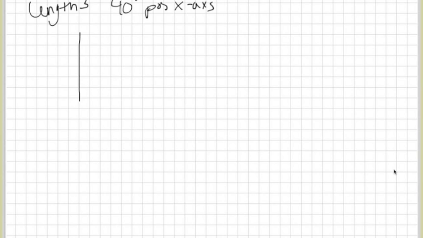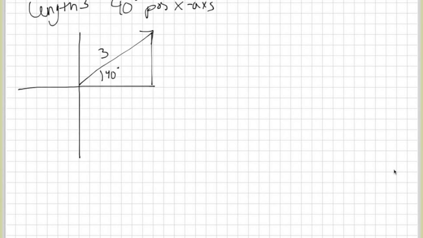So graphically, I want to be at a 40-degree angle, and I want to have a length of 3. So, not drawn to scale, maybe a scale, but not like the scale of the graph paper and each square being 1.